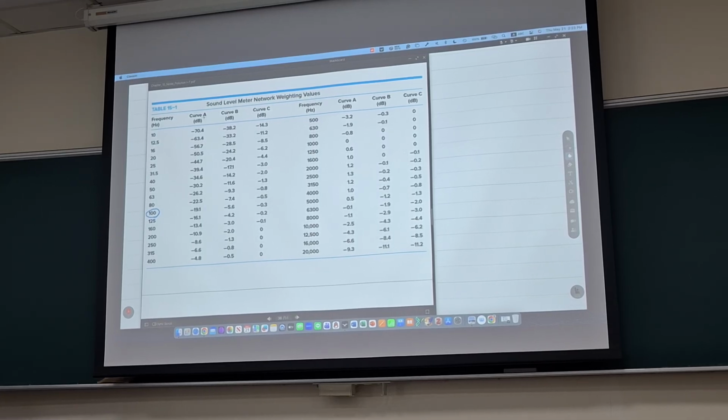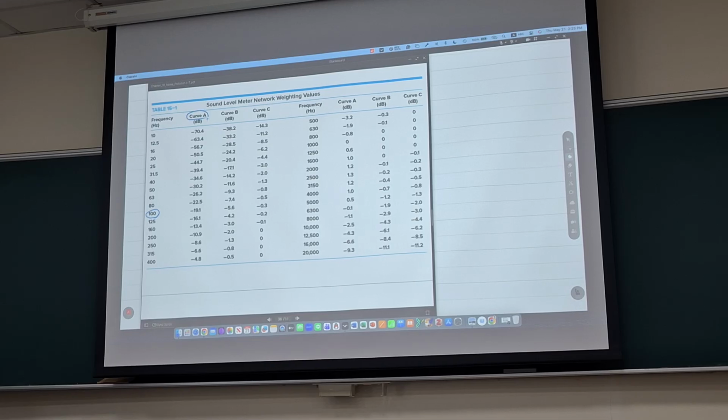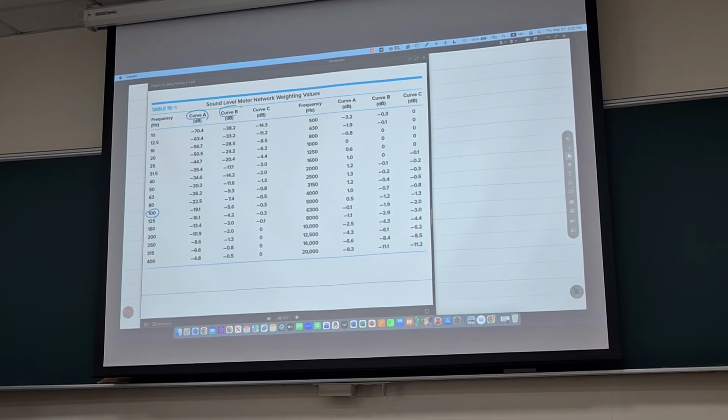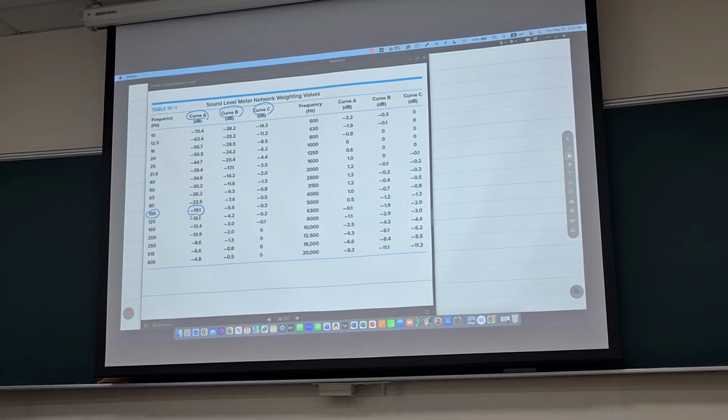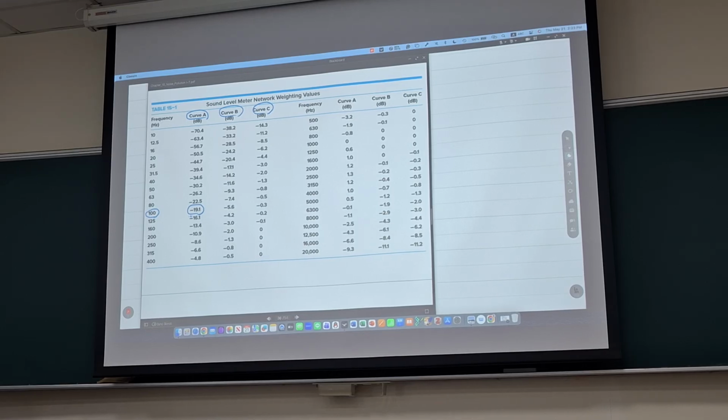With the curves, A means A-weighting, B means B-weighting, C means C-weighting. As you can see, at frequency 100, A weighting reduces 19 decibels, right?